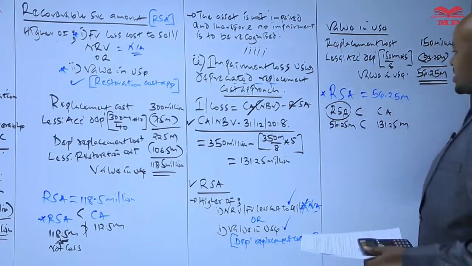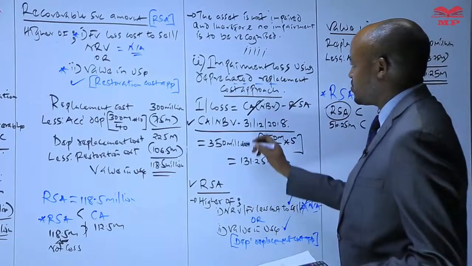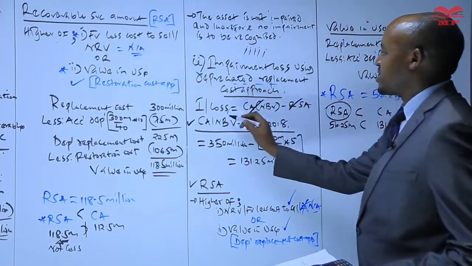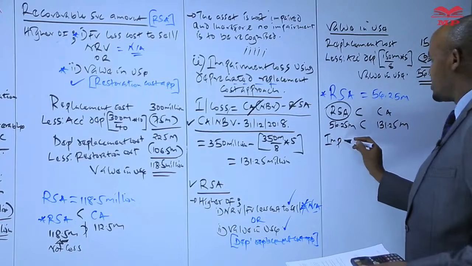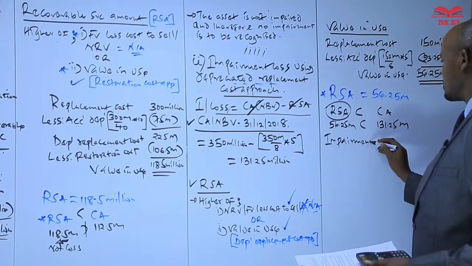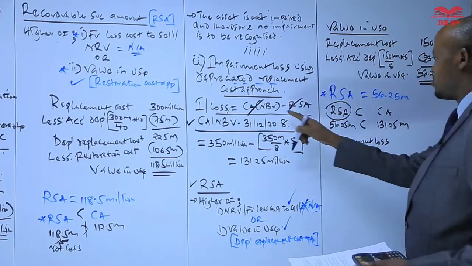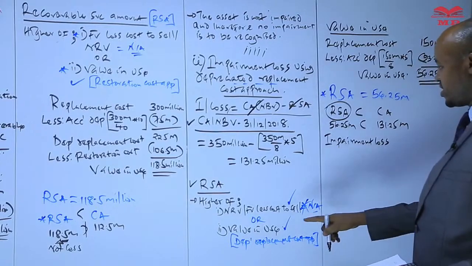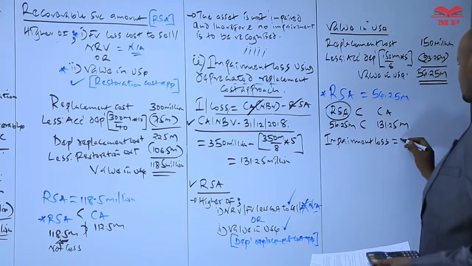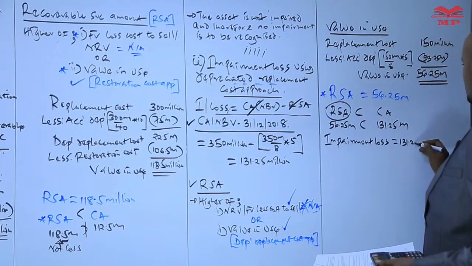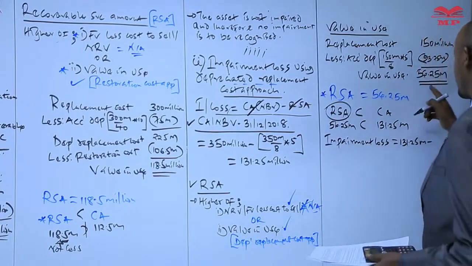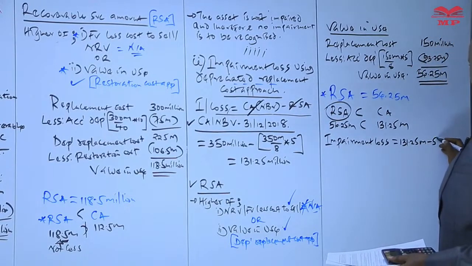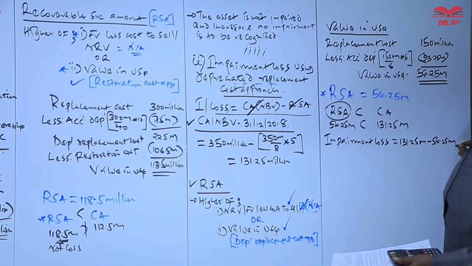So meaning that we need to proceed and determine the impairment loss. The impairment loss is equal to the carrying amount, which you already have here, 131.25 million, minus the recoverable service amount, which we have here, 56.25 million.